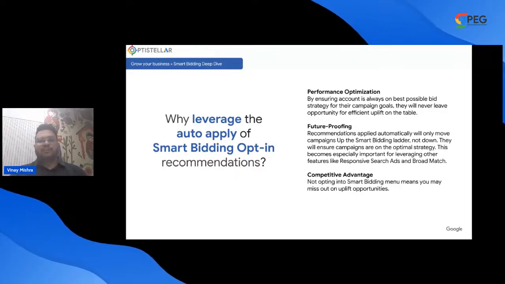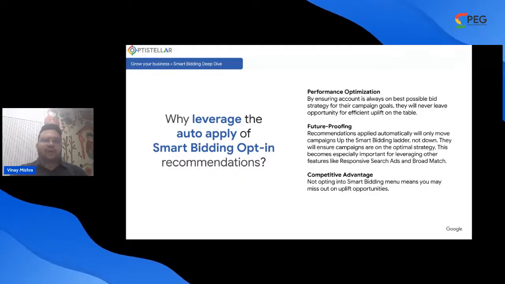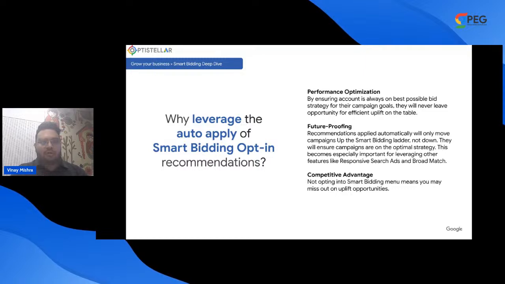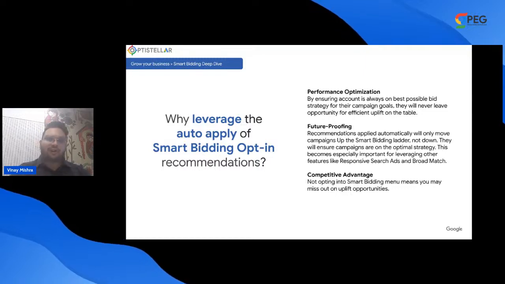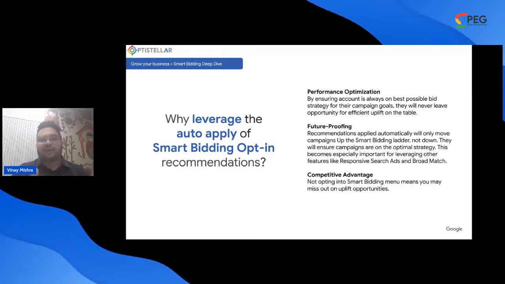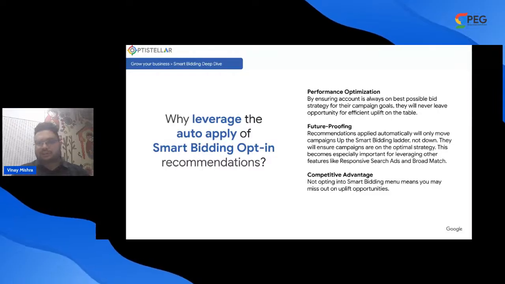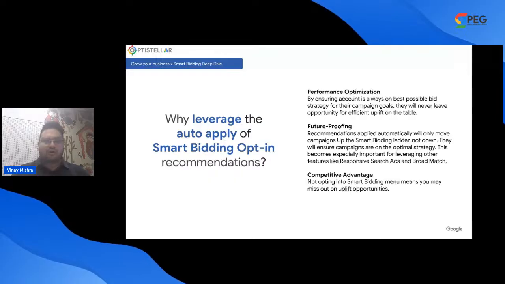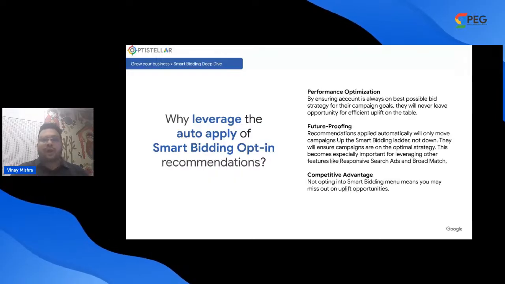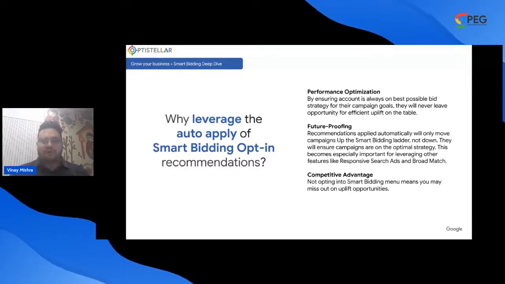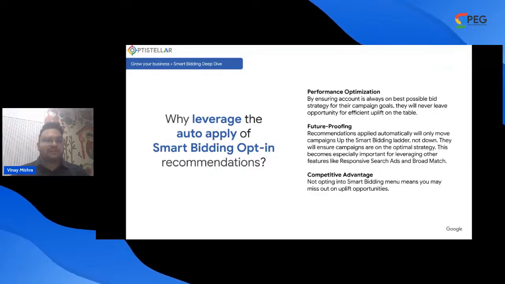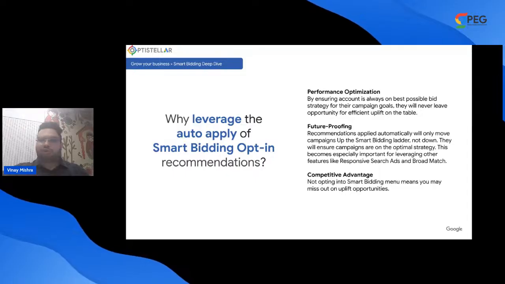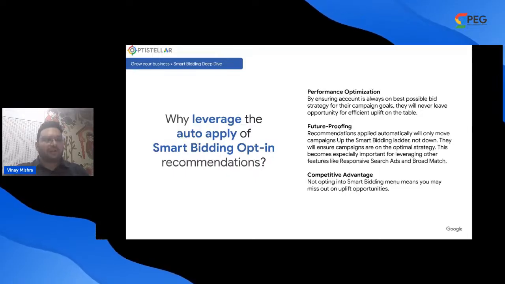And as I've mentioned, by not opting into smart bidding, you might miss out on the competitive advantages. If you're not shifting towards the change, or you're not able to capture that change in the audience, or understand where your ads might be eligible for a conversion, and you're trying to show your ads on every search, at the same time you're missing out on the competitive advantage here.